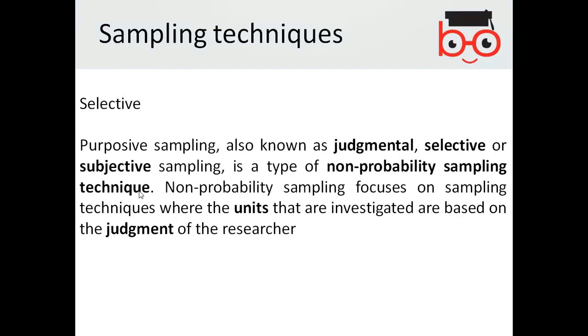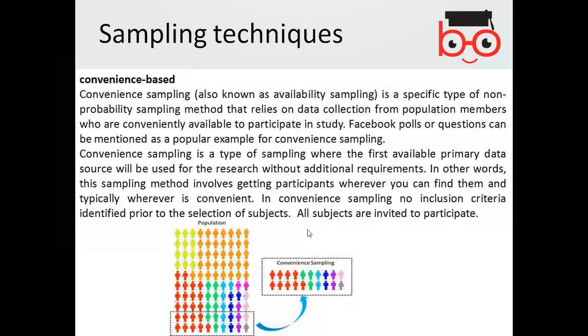In selective, non-probability sampling, the focus is on sampling techniques where the units that are investigated are based on the judgment of the researcher. The researcher selects that particular sample on the basis of his own selection due to some reasons.